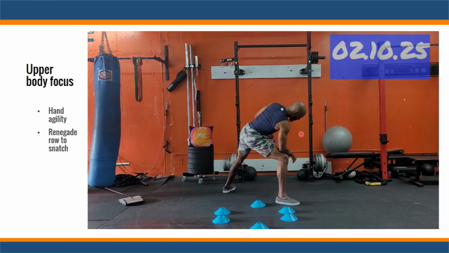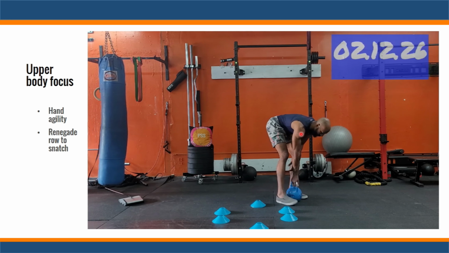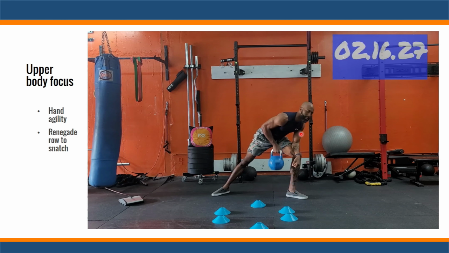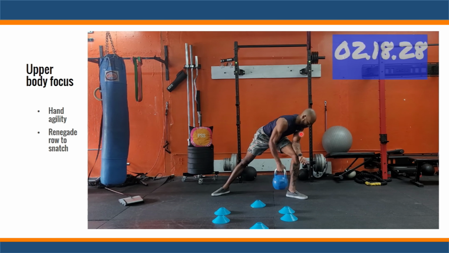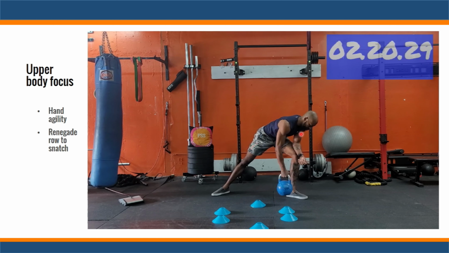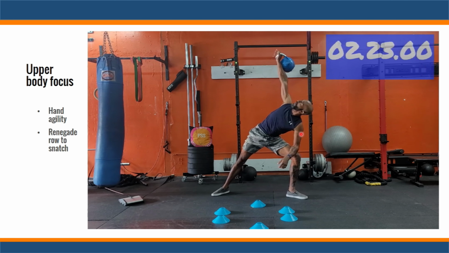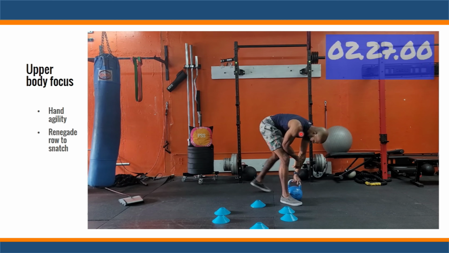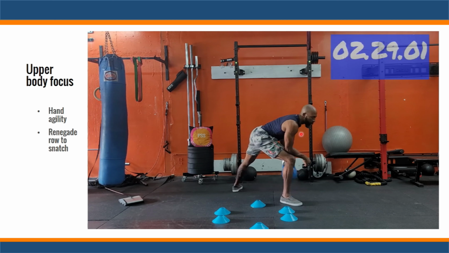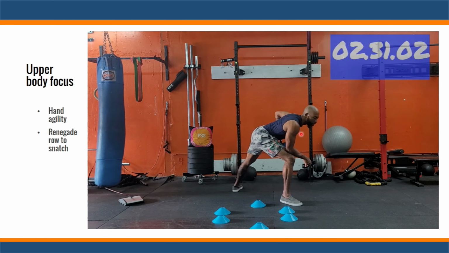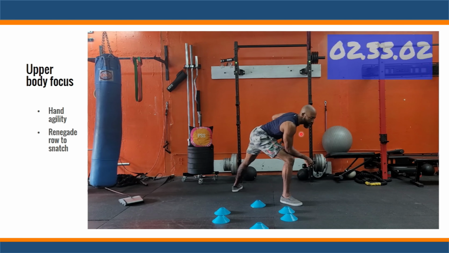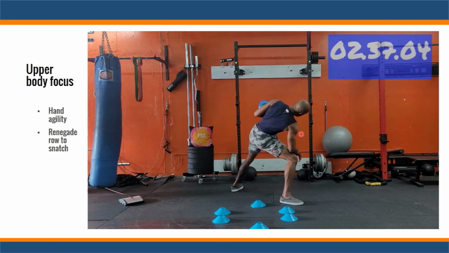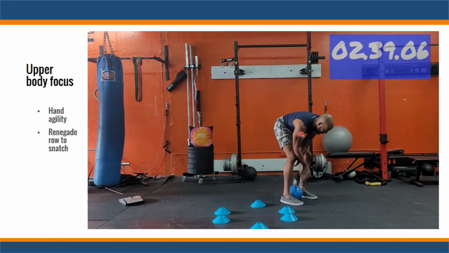Good. Pumping and twisting into my renegade row to snatch. I'm just easily going to switch every time as I pump and work through this one. It's important for this one that one foot is pointed perpendicular pretty much to the other one and that you really pump and twist.